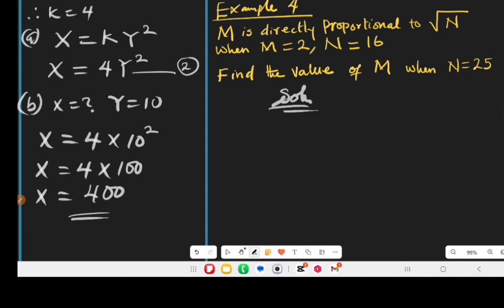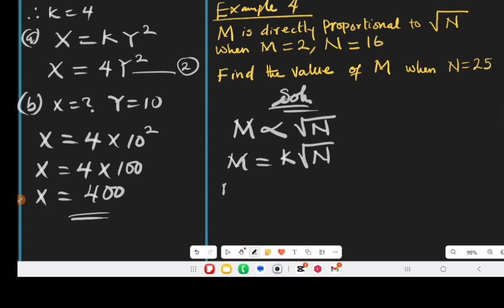We change m is directly proportional to root of n to a mathematical statement, which is m is directly proportional to root of n. Now we want to remove this variation sign, change it to an equal sign, and introduce a constant. That is m is equal to k root of n.